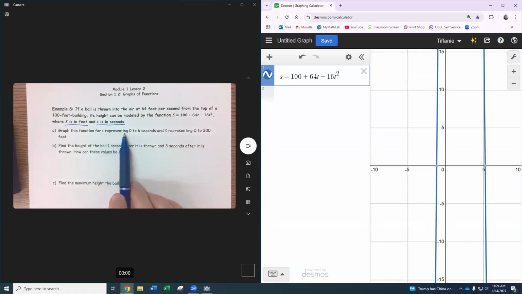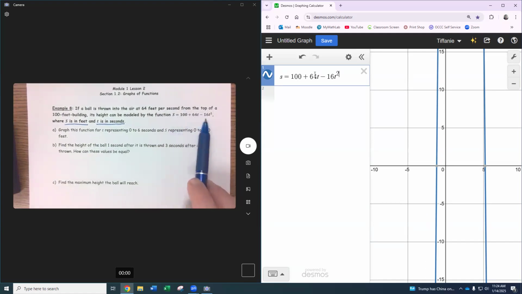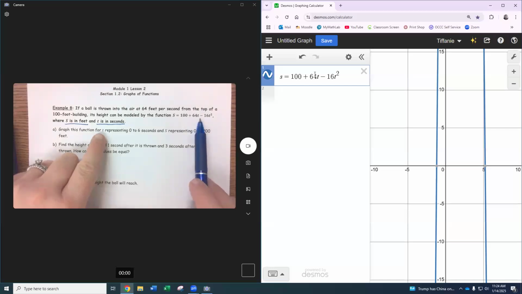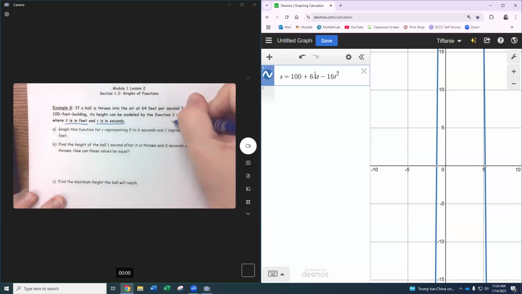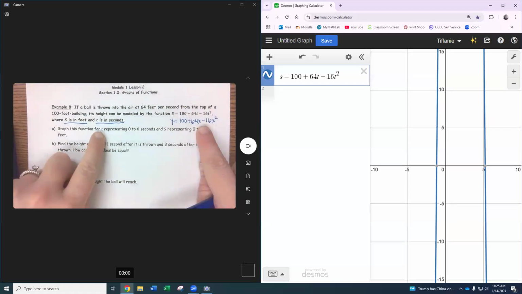So where t is representing 0 to 6. So when I look at this equation here, usually my independent variable is x. So when they're talking about t, I could really rewrite this problem as y equals 100 plus 64x minus 16x squared, right? I can change the variable to anything I want. When we have equations, we're typically seeing x as part of the equation and it's not t.